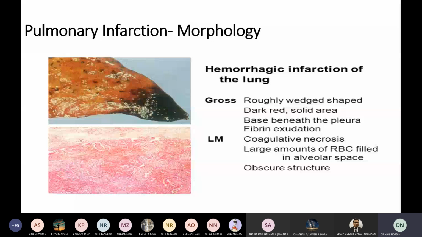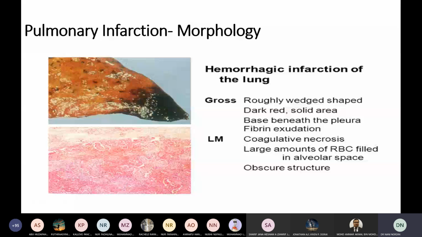All this will be replaced with fibrin. You will see an area of coagulative necrosis with a large amount of red blood cells in it. These are all red blood cells, so that's why grossly it's red or dark. The red blood cells will then become hemosiderin.